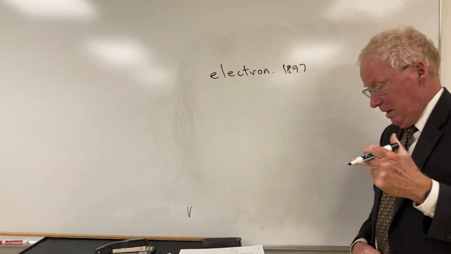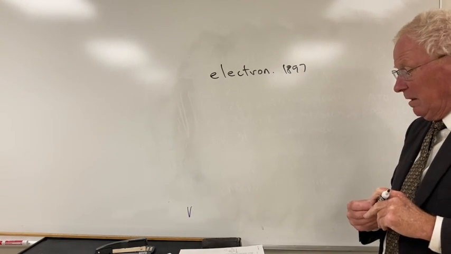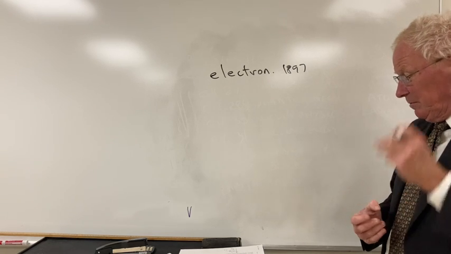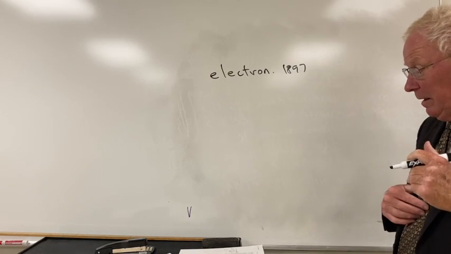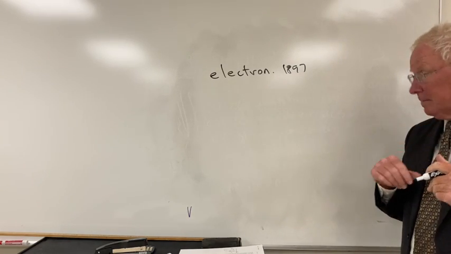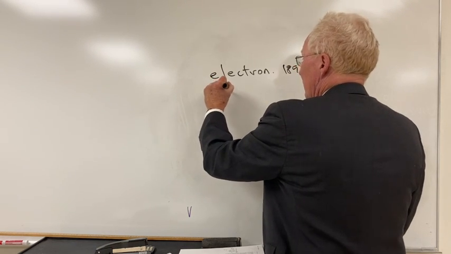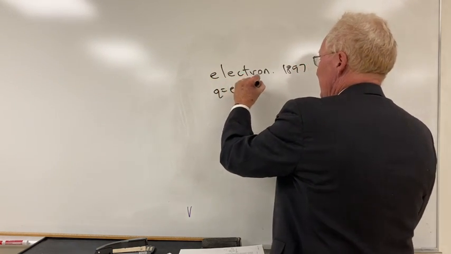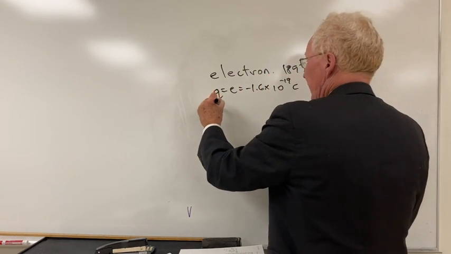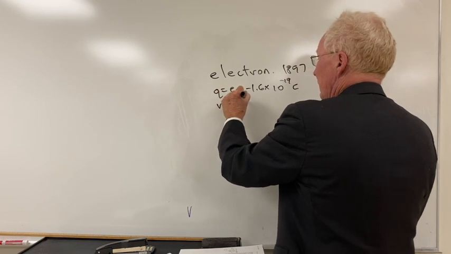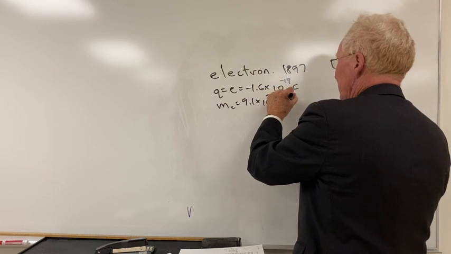And what he was able to observe, with the electron charge measurement, is that the electron has a charge, Q, we call e, of minus 1.6 times 10 to the minus 19th coulombs, and has a mass of 9.1 times 10 to the minus 31st kilograms.